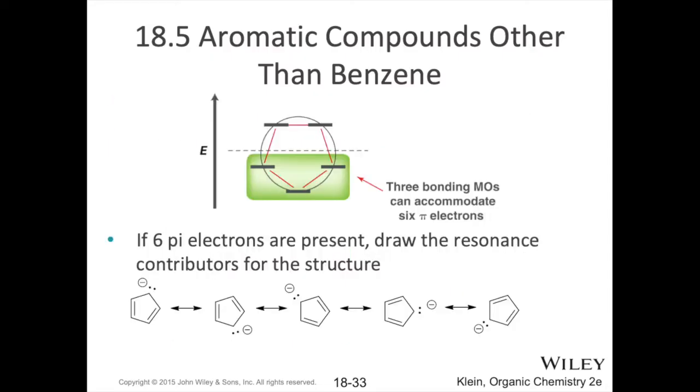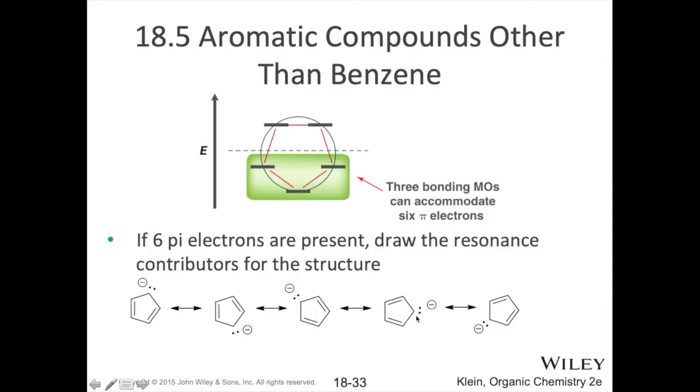So if you want to see what that looks like, here's cyclopentadiene, and of course with that negative formal charge, it's a carbanion. And remember, these aromatic systems are resonance stabilized, right? So that carbanion is spread throughout the molecule through resonance.